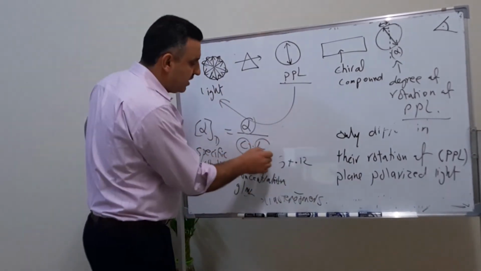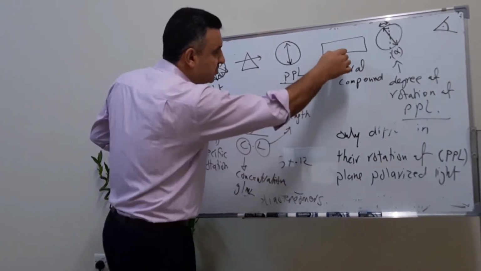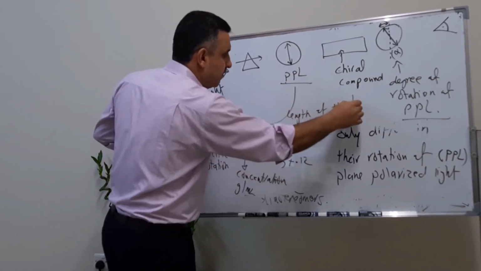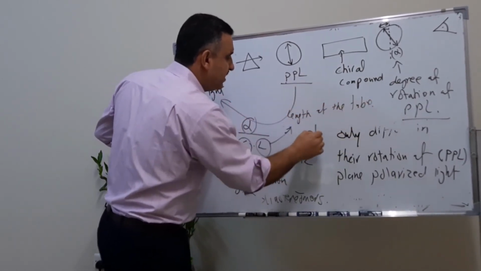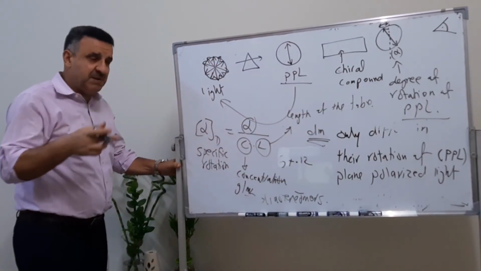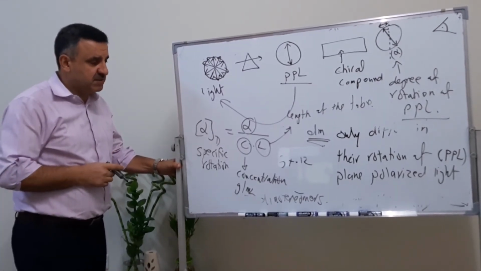And the L here is the length of the tube, and it must be in decimeter units. Remember that every 1 decimeter is equal to 10 centimeters.